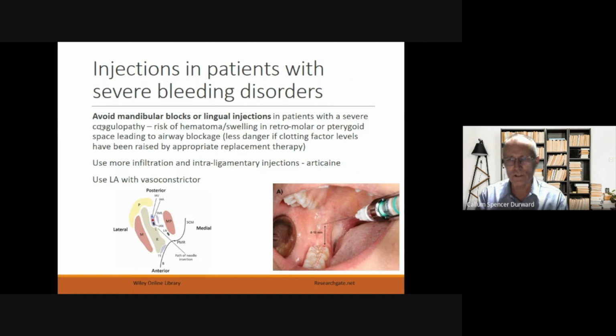There's less danger if the clotting factor levels have been raised by appropriate replacement therapy. In these cases, we should use more infiltration and intraligamentary injections, and also use articaine. Local anesthetic that's used should contain vasoconstrictor.